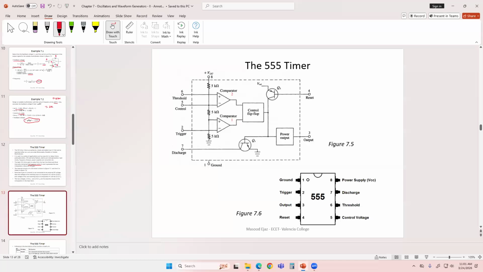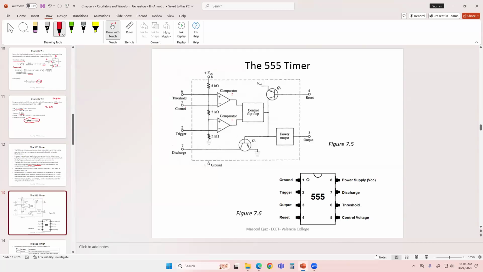So let's go back to the circuitry. For the 8-pin IC, as you can see, you have pins 1, 2, 3, 4 on the left side, and then 5, 6, 7, 8 on the other side, as the usual readout of the pins. Pin number 1 is ground. Pin number 2 is trigger, which is connected to the inverting input of comparator number 1. There are 2 comparators, as you can see. Pin number 3 is the output. Pin number 4 is the reset pin.